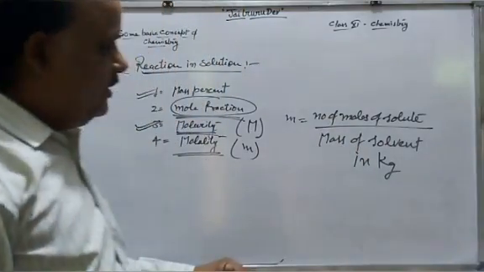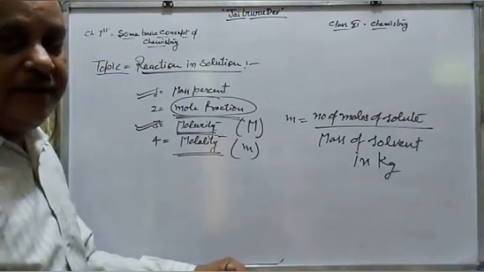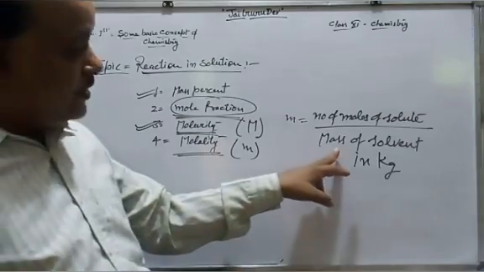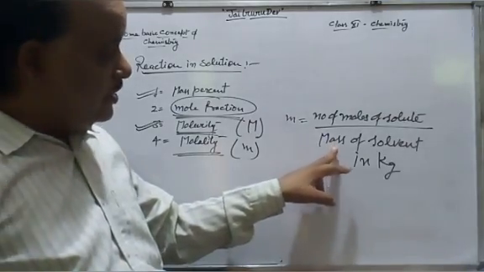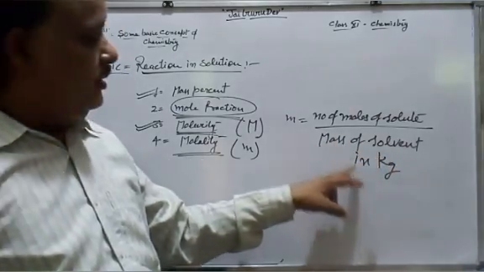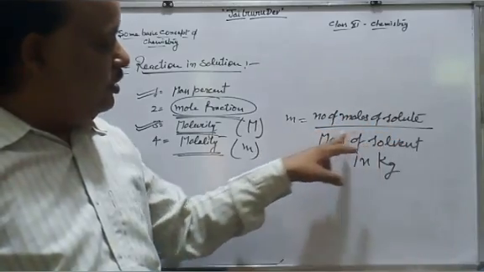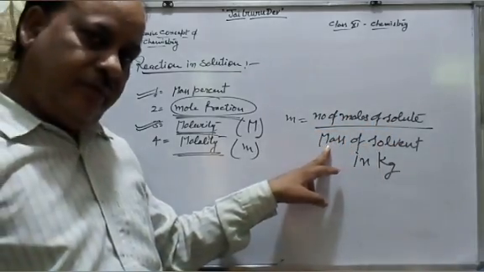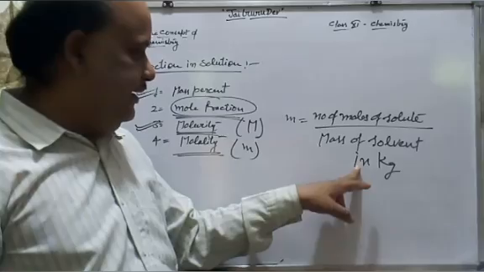Its SI unit is moles per kg. Mass of solvent, not mass of solution, in kg. Number of moles of solute upon mass of solvent in kg.